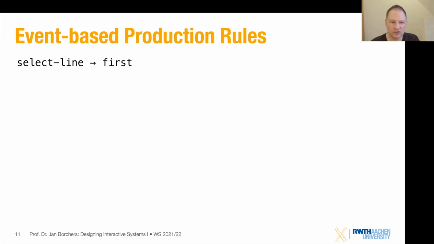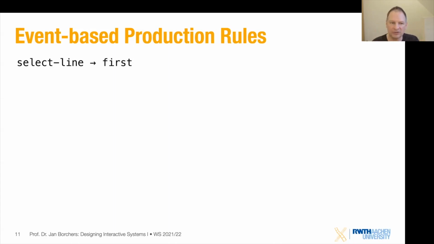We would have one production rule that says, if the user clicks on the line drawing tool, then the first rule takes that event and fires and creates a token that we call first. First is just a token. There's stuff that's going to happen, right? The menu is going to get selected and the tool is going to be turned into the line drawing tool.